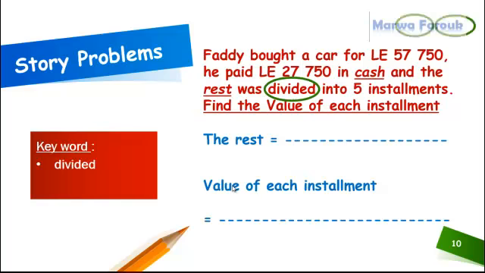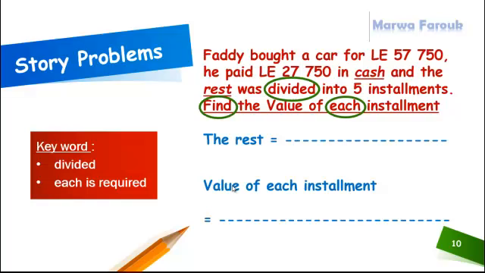And we also have each in the question, so each is required, so we are going to divide. But before we divide, we have the word rest. And when we see the word rest, we have to make a subtraction. So we are going to subtract the cash from the whole number.